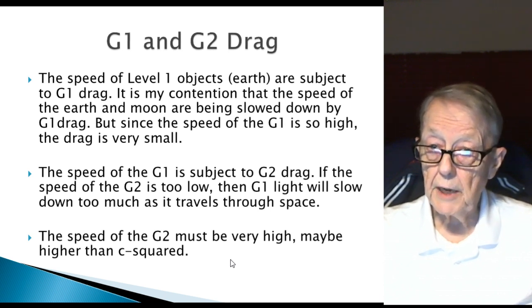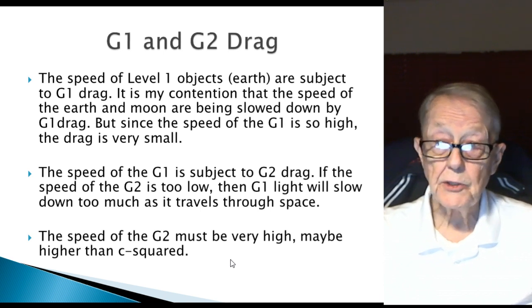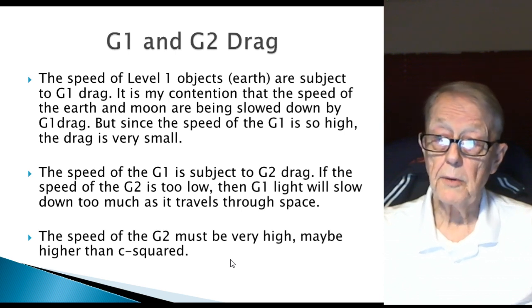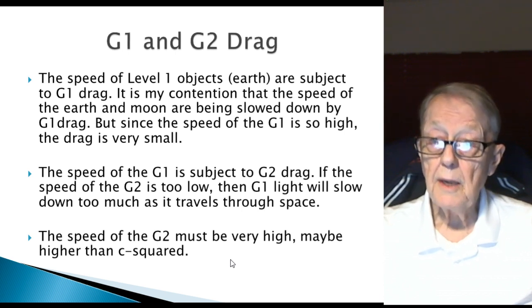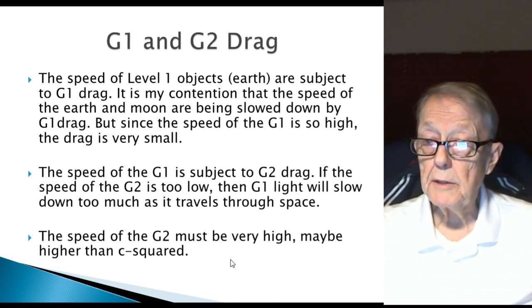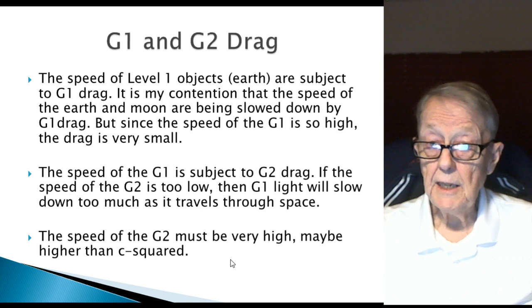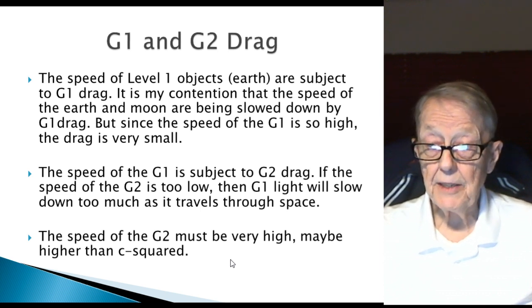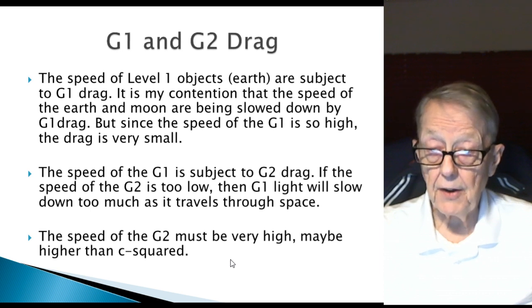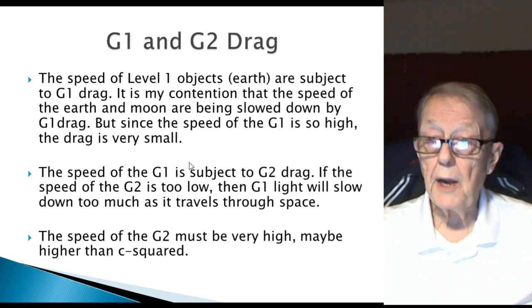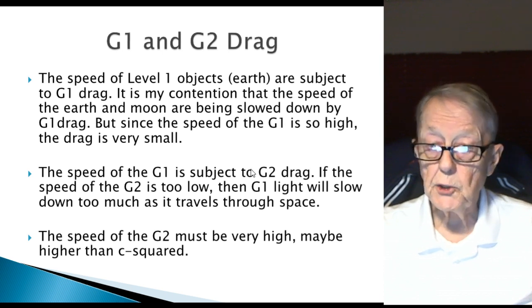In other words, as it moves through this field, the head-on collisions are stronger than the rear-end collisions, being pushed back more than it's being pushed forward. It's called drag. But since the speed of the G1 is so high, it's c, the drag is small. It's there. Scientifically, I have to say it's there. And yes, it's my contention that they are being slowed down, but the drag is small.